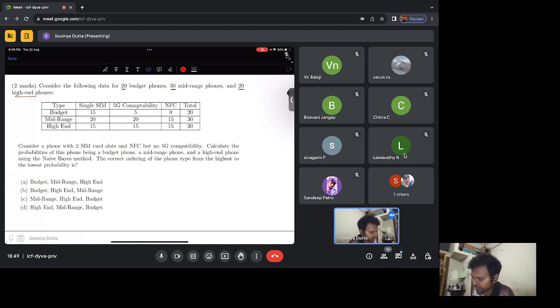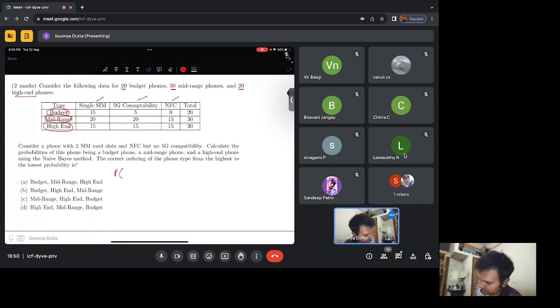I don't know what NFC is, but no 5G compatibility. Calculate the probabilities of this phone being a budget phone, a mid-range phone and a high-end phone using the naive Bayes method. The correct ordering of the phone type from the highest. Okay, there are many things. So there are 3 features: single SIM, 5G compatibility and NFC, and the class is either budget, mid-range or high-end.